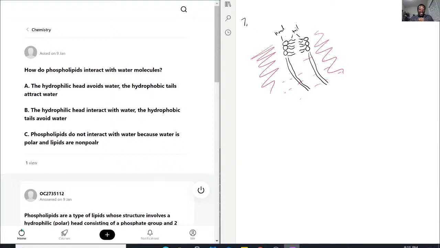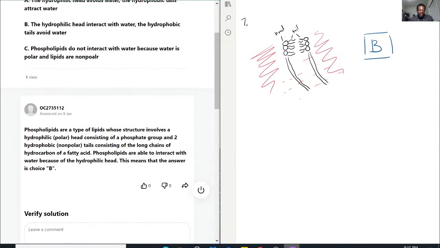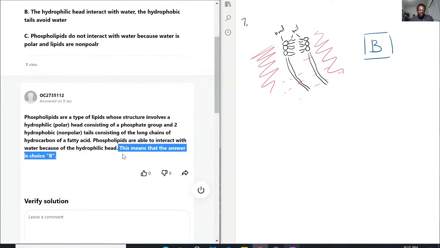With all that being said, the best choice is indeed B, because it says that the hydrophilic head, which is where the phosphorus and stuff is, interacts with water, while the hydrophobic tail, which is where all the lipids and the fats are, avoids water, which is typically what you see in the phospholipid bilayer. Okay, so with that being said, the answer choice is indeed B.